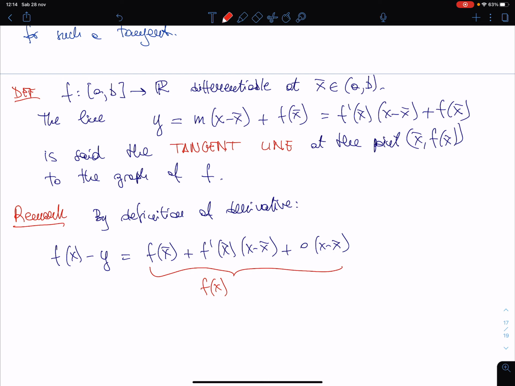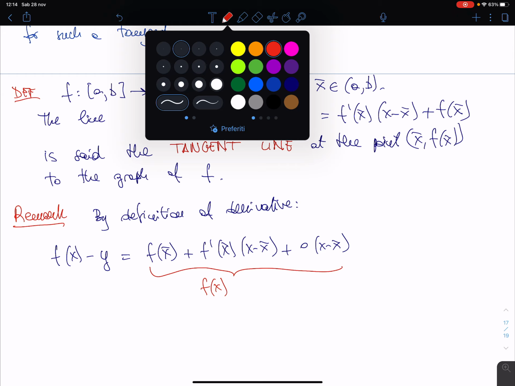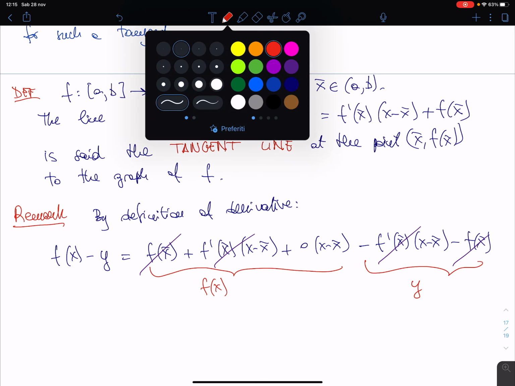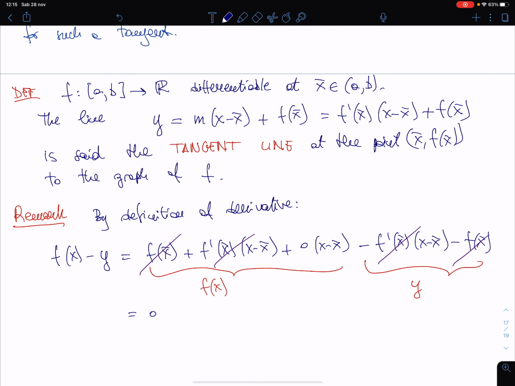And then there is minus y, so minus f prime of x bar times x minus x bar, minus f of x bar. So there are cancellations here and here, and this is y. What remains is just little o of x minus x bar.